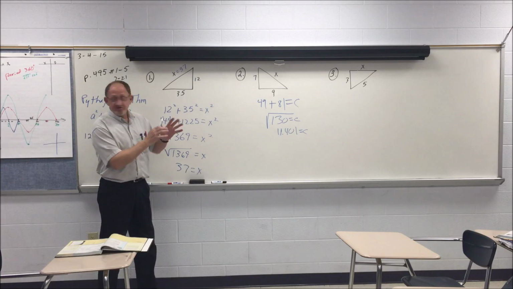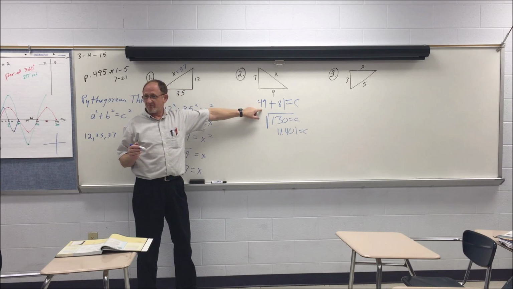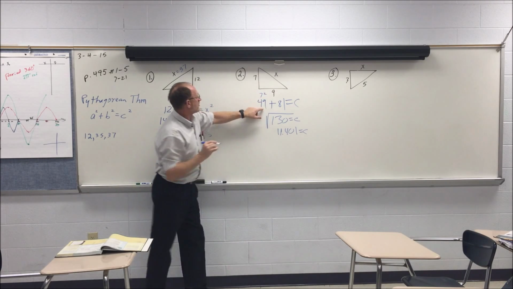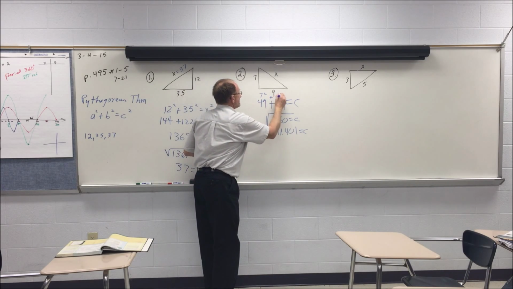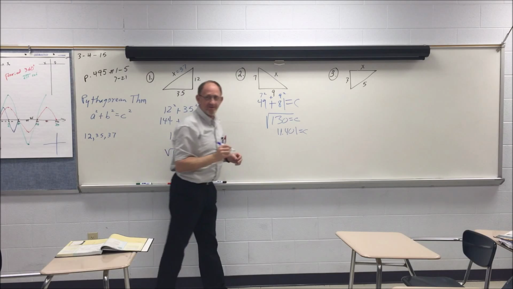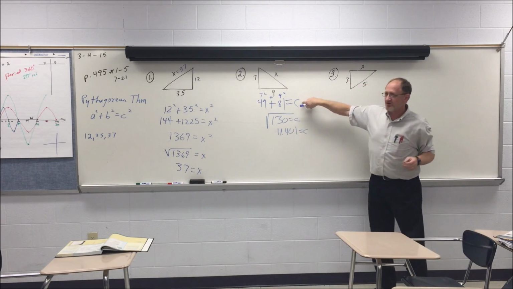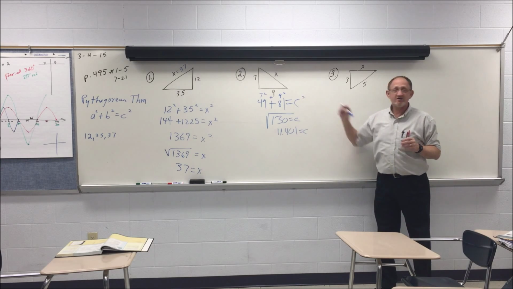Let's talk now about where the numbers came from that he's got here. Where did the 49 come from? 7 squared. Where did the 81 come from? 9 squared. And probably one thing he should have done, what should he do with the C? Squared.